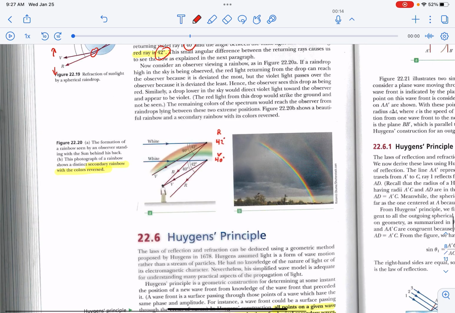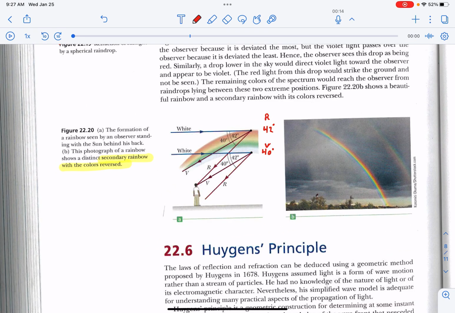Now, as we come down here, if you're the observer and you have the sun at your back and you're looking up into the water vapor that is up in the sky, as the white light comes in from behind you at a 42-degree angle, the red is going to come out, and at a 40-degree angle, the violet is going to come out.